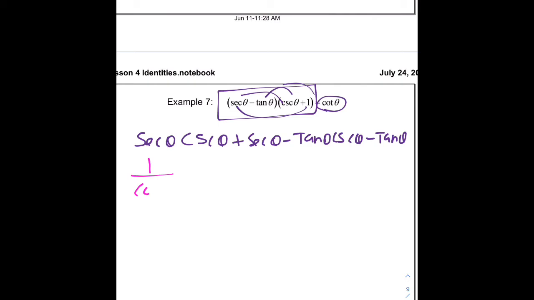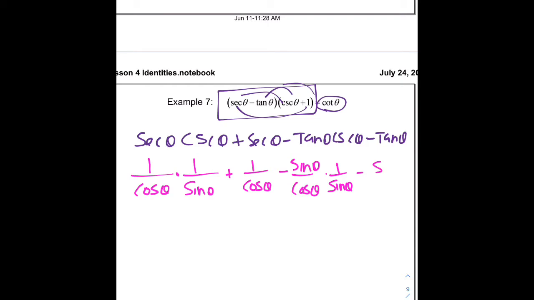So this is going to be 1 over cosine theta by the reciprocal identities times 1 over sine theta by reciprocal identity, plus 1 over cosine theta by reciprocal identity, minus sine theta over cosine theta by quotient, times 1 over sine theta, and I like what's happening there, minus sine theta over cosine theta. Again, this might not be the only way you see how to verify this, but this is the most popular way that I see students.